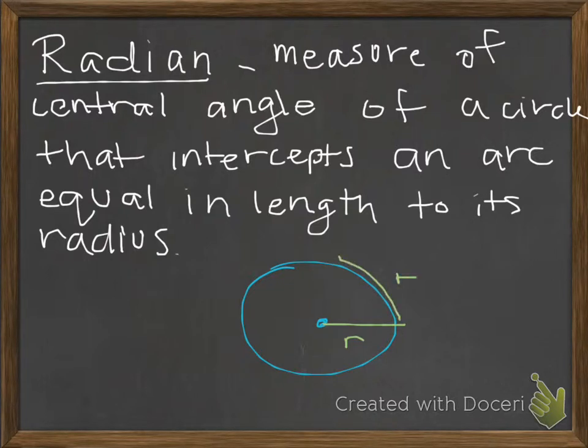So this also has a distance of r. And now I'm going to close this in, so I'm going to go from the edge of this green line back to the center, and this is also a radius, so it also has a length of r. So this angle that we just formed right here has a measurement of what we call 1 radian. So that is what a radian is.